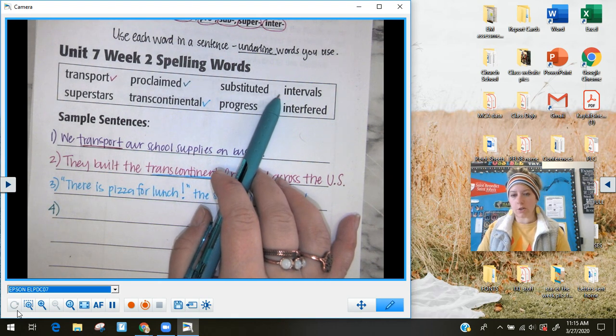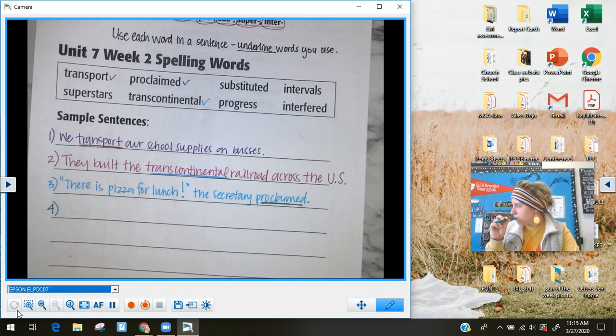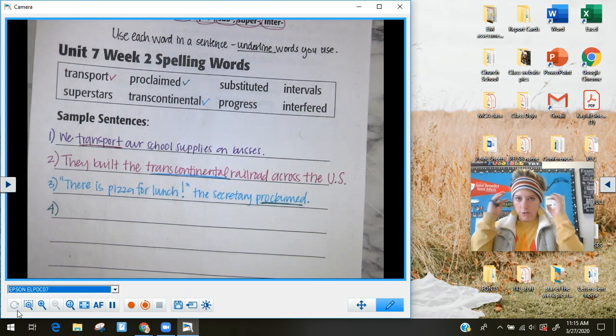So I'm going to do the word intervals with you, okay? Intervals are like steps, like, how do I explain this? The noise increased at different intervals. So whenever you press your volume on your speakers or your headphones, the volume is going up in intervals. So let's say that.